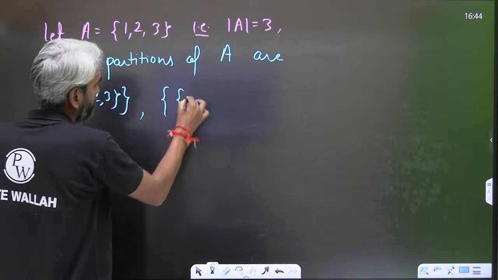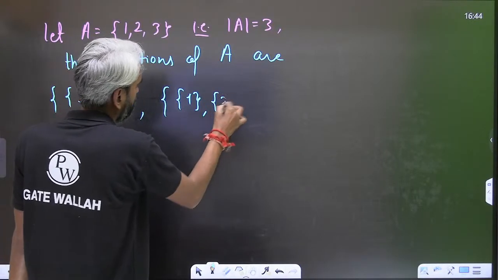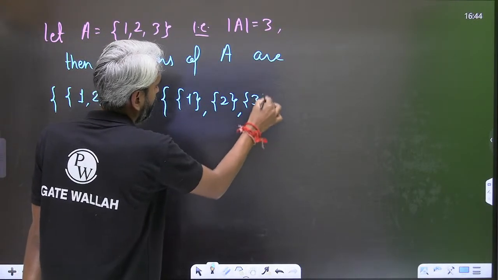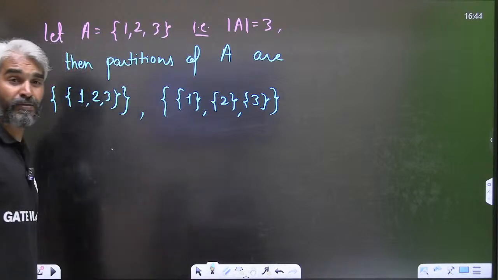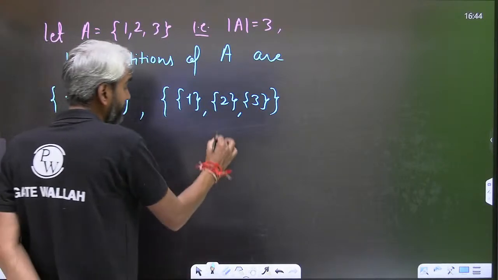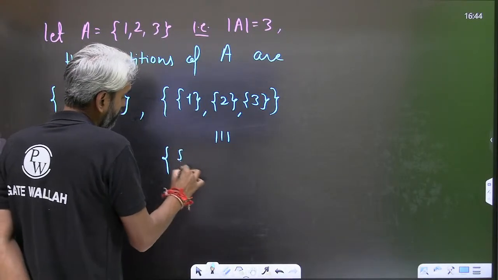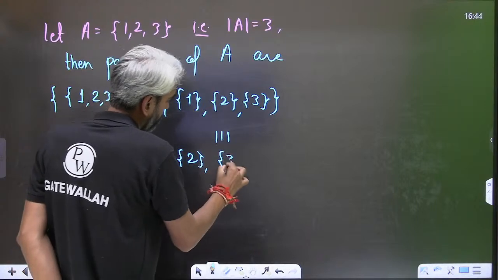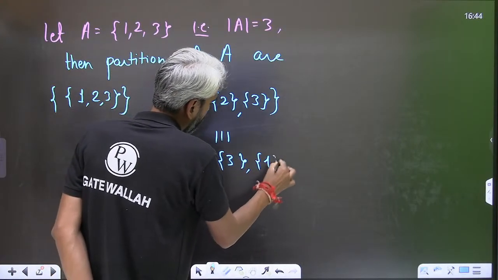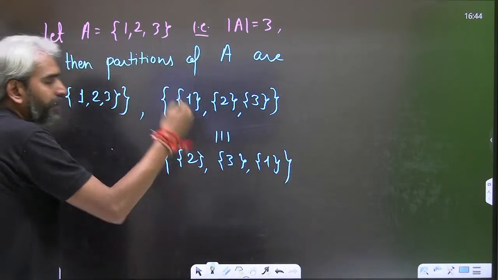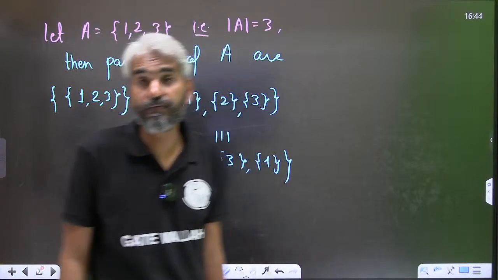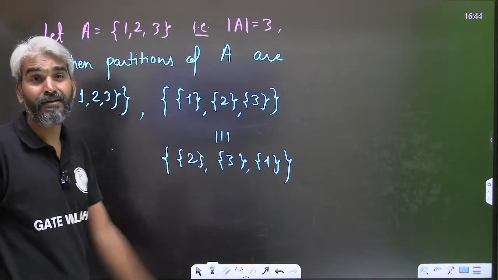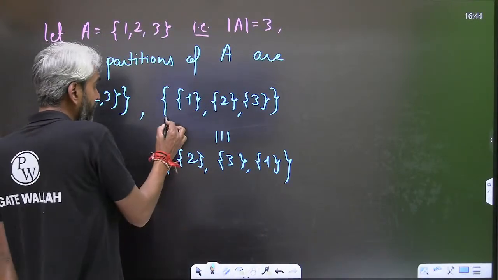Now please try to understand. You may say that another partition will be 2, 3, 1. But please tell me, are these two different partitions or the same partition? Sir, it is the definition of a set.